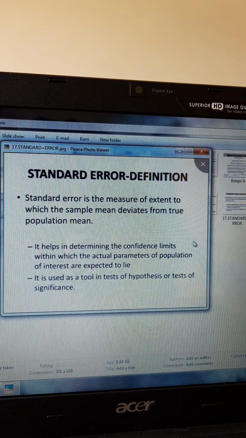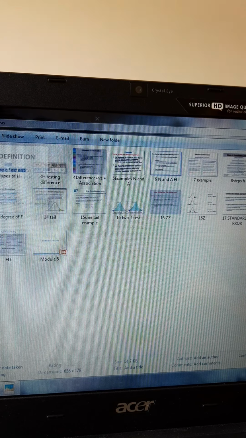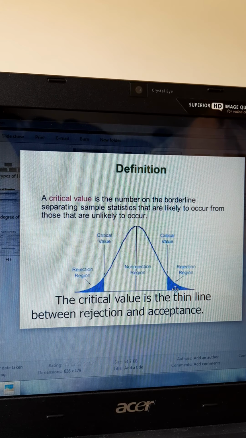Standard error. Standard error is a measure of the extent to which a sample mean deviates from the true population mean. You remember the diagram, the bell-shaped curve, this is the one. This is your mean. Is it going here or here?